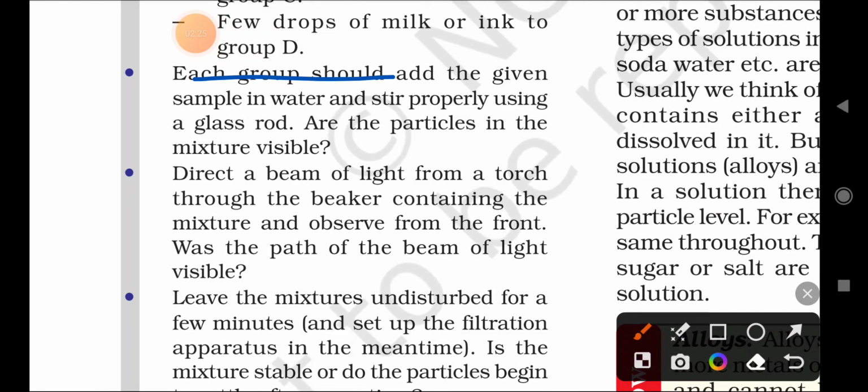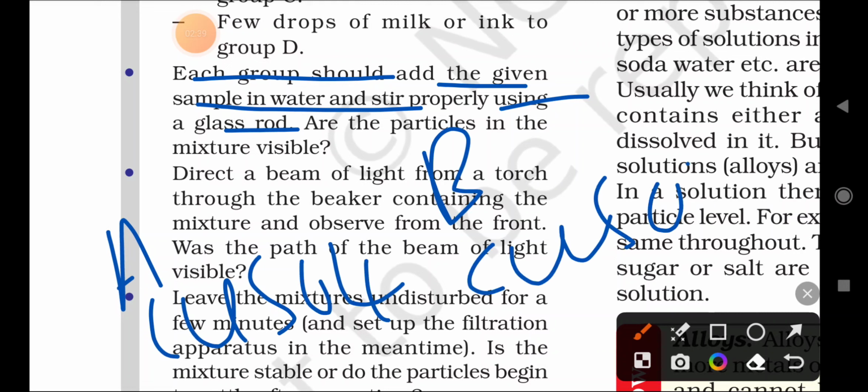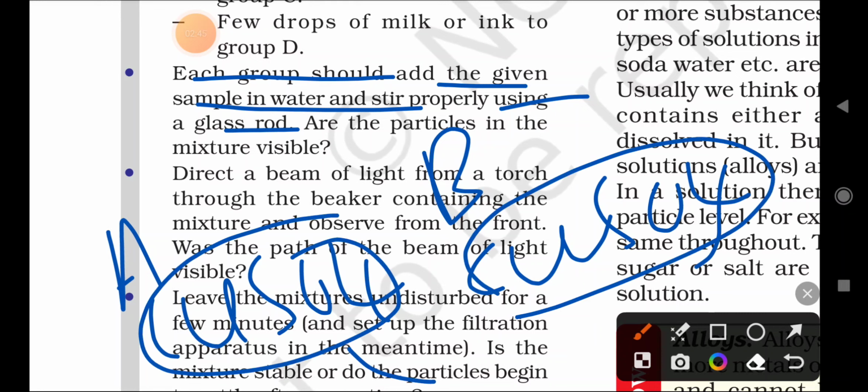Each group should add the given sample in water and stir properly using a glass rod. A has copper sulfate, B also has copper sulfate but a full spatula, while A has only a few crystals.